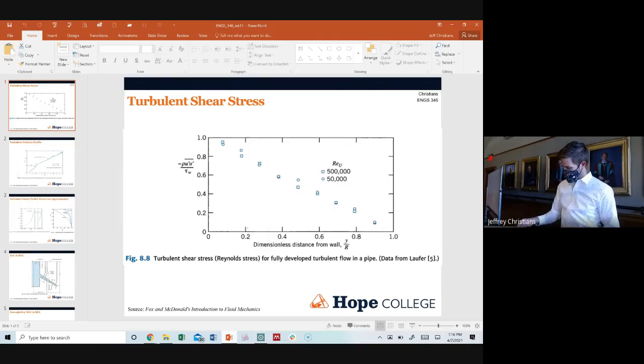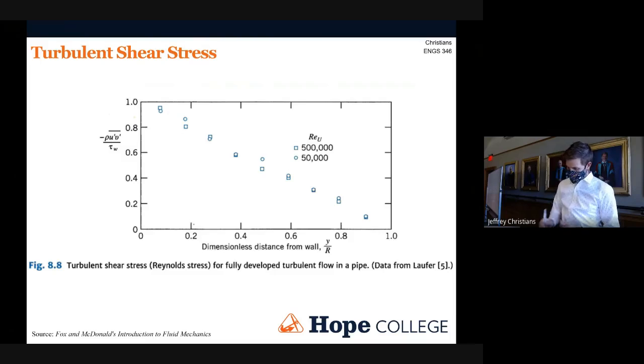So here's some experimental data that our book has. And let's just point out a few interesting points from this. What we are predicting is that shear stress should be a max at the wall.